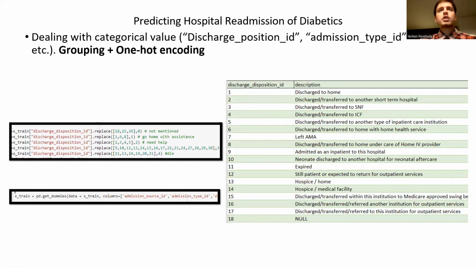For the next features, namely discharge disposition ID and admission type ID, we grouped them according to the table which was provided with the data set, and which indicates what each ID means. For example, we see that there are several IDs which are related to discharging to home. So we can just group them into bigger groups.